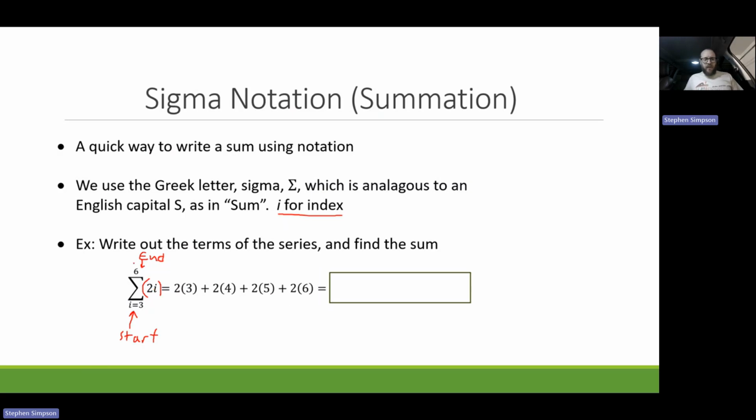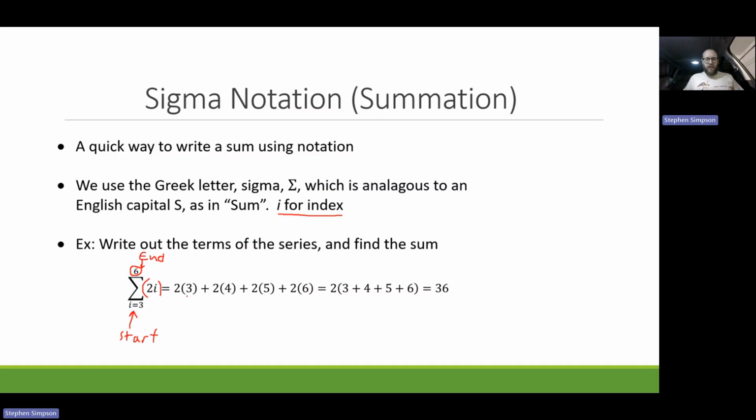And because we got to 6, and that is the top number on this summation notation, that's the last term we're going to add together. So we started with the third term, we ended with the sixth term, then we add all those numbers up, and it adds up, in this case, to 36. So there's an example of summation notation with a sigma.